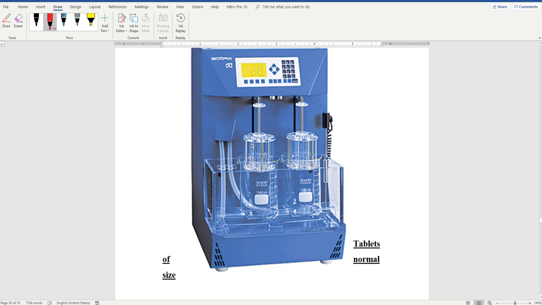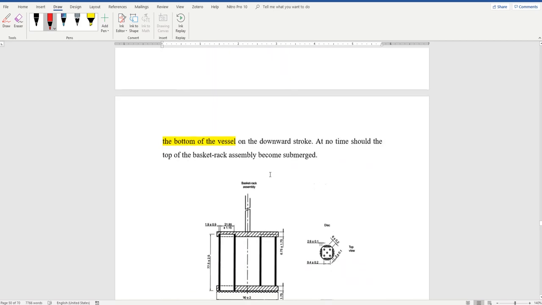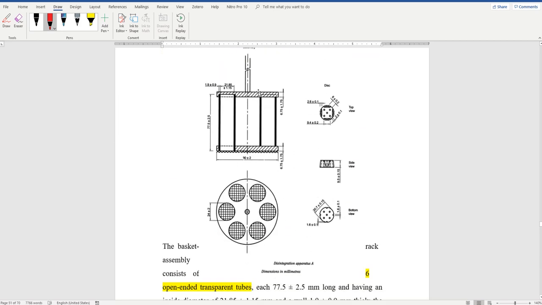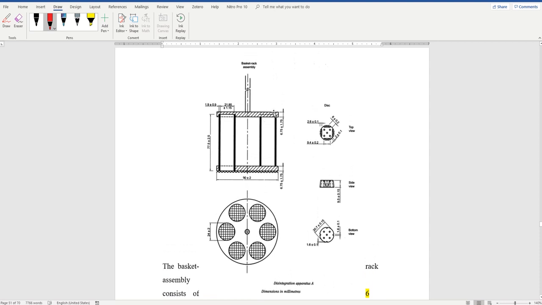Now, also between these two plates, you will see fitted tubes. These tubes are open from the top, but at the bottom there is a mesh. Okay, let me show you this in more detail. Okay, this is the basket. Now, this is the lower part of the tubes.